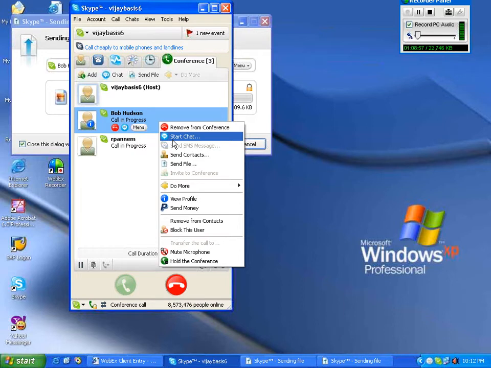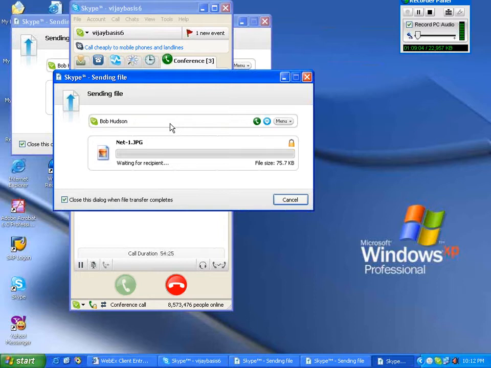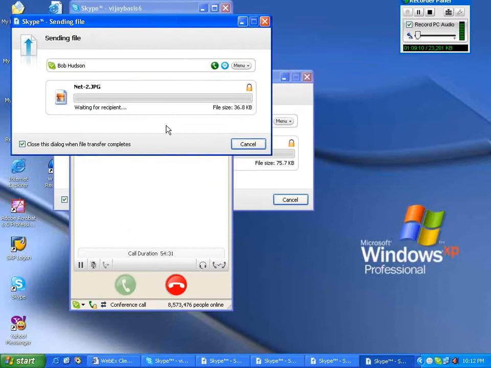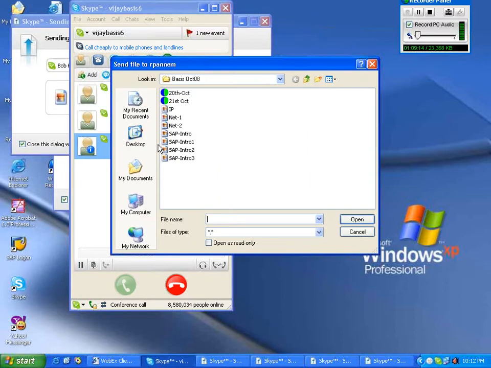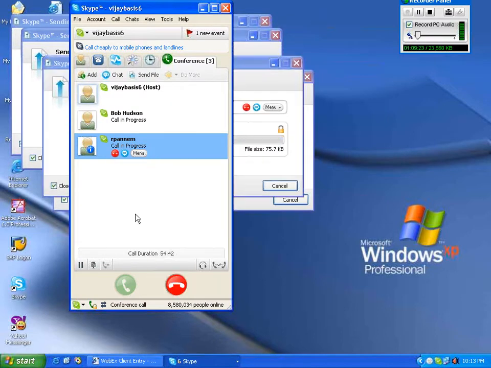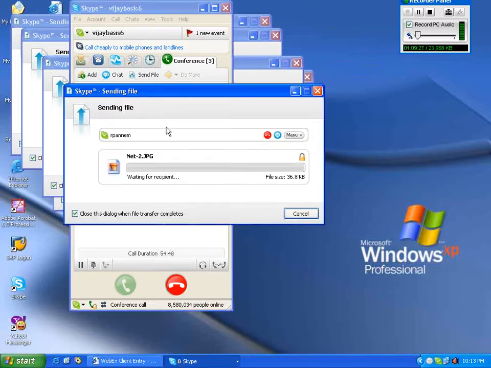I'll forward all these 3 files, 3 documents.